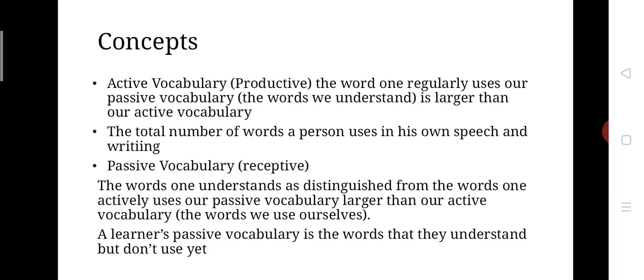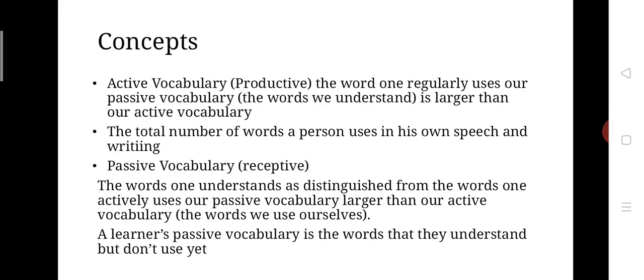those techniques. So, active vocabulary, that is productive vocabulary, which you use in your day-to-day life. The total number of words a person uses in his own speech and writing is called active vocabulary.